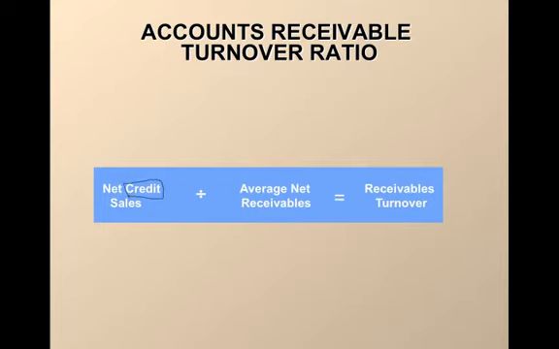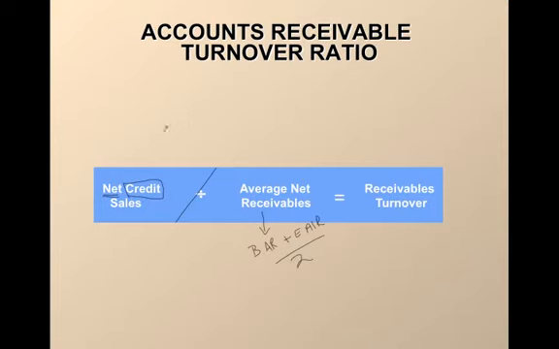And remember, when we say net, that means less any returns we've had. So we're going to take our net credit sales, divided by our average net receivables. Remember when we talked about this with merchandise inventory, average receivables would be your beginning accounts receivable plus your ending accounts receivable divided by 2.